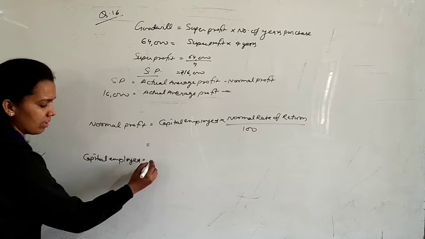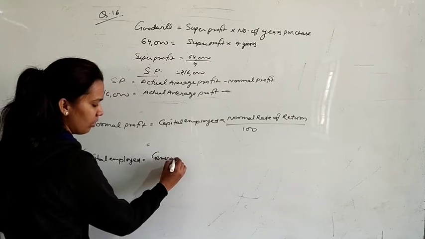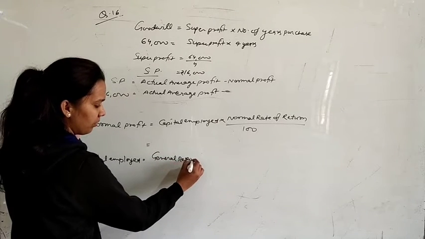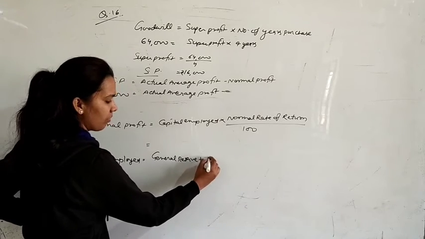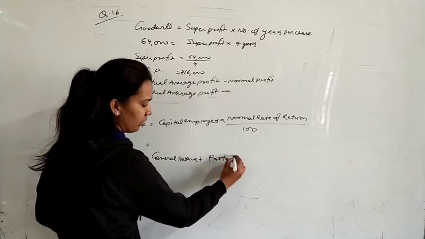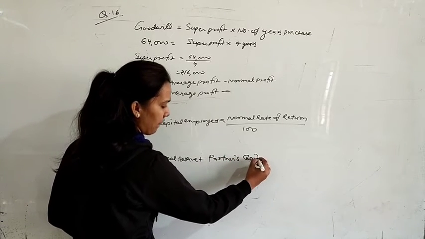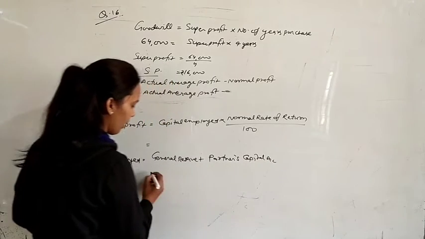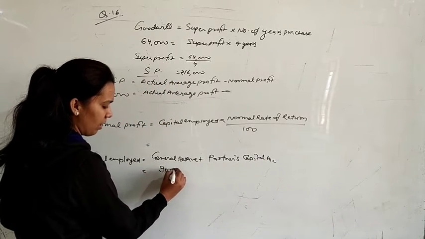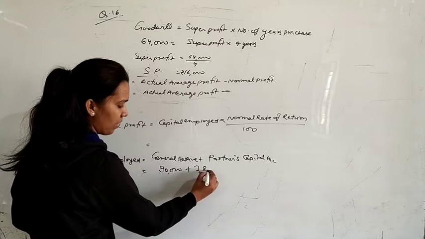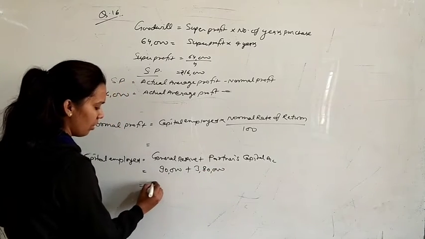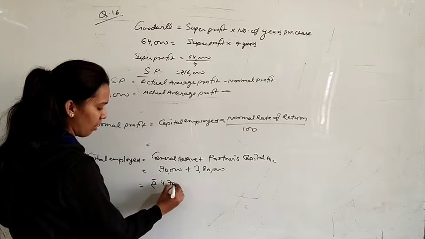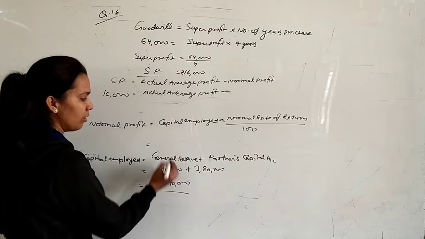Capital employed equals to general reserve plus partners capital account. General reserve is of rupees 90,000 plus partners capital account, that is 3 lakh 80,000. So rupees 4 lakh 70,000 is the amount of capital employed.